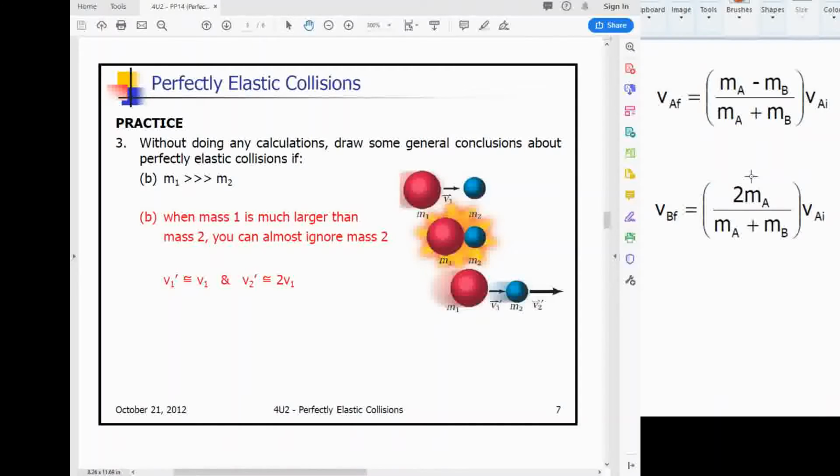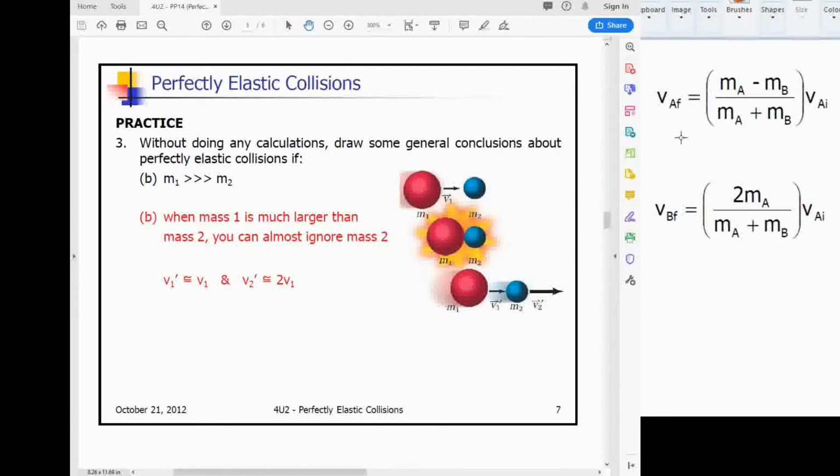It would almost plow over the other object. And in the second case, it would be 2 times MA, a very large number, over what is essentially MA, because MA plus MB, when MA is very large compared to MB, could be considered similar to MA. So this would be 2 times VAI.